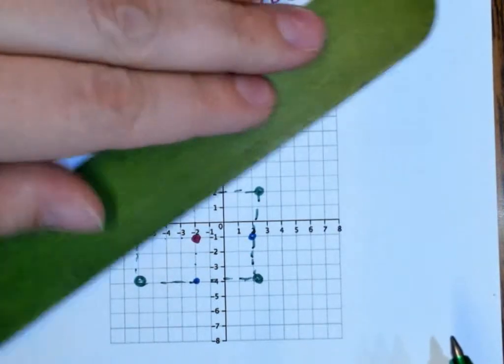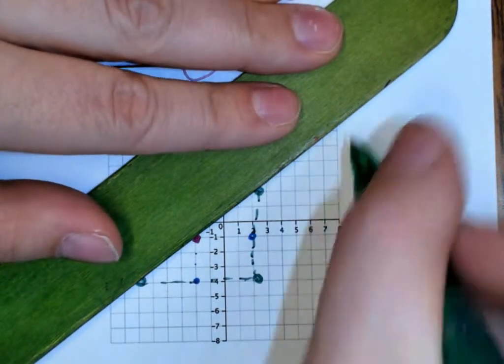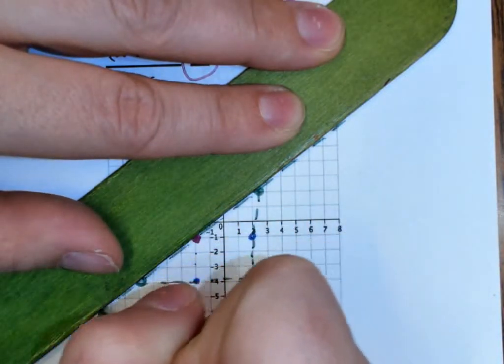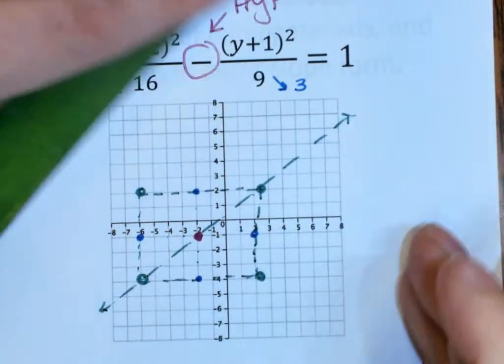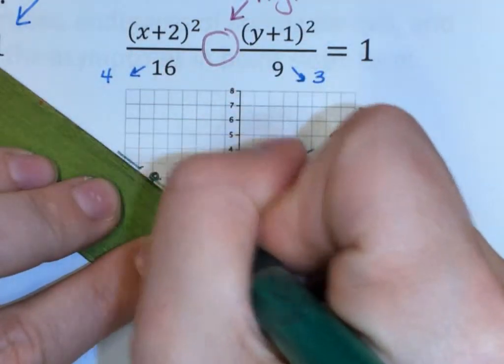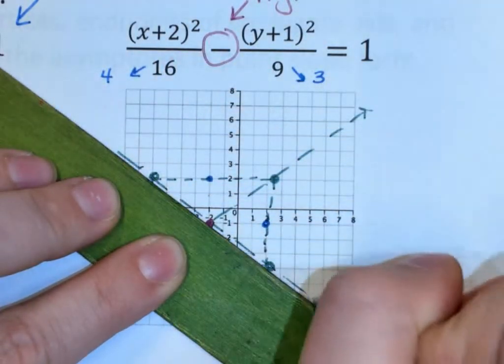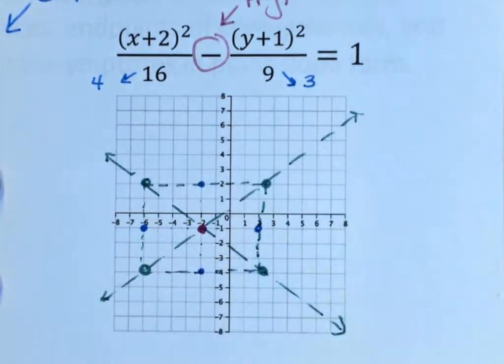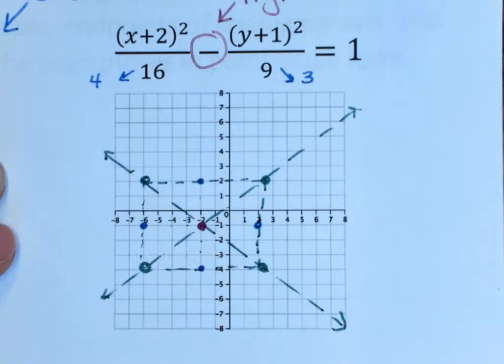And then from corner to corner, draw your asymptote. Corner to corner, another asymptote. Should pass right through the center as well. And remember, whenever I give you a grid to draw your graph on, please fill the entire grid.